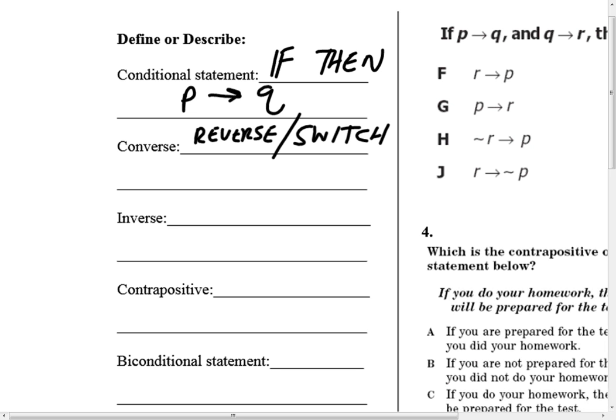Switch. And what we're talking about is position. So if I take the converse of this, then I'd be looking at QP. It's still an if-then statement. All I'm doing is reversing the two parts.